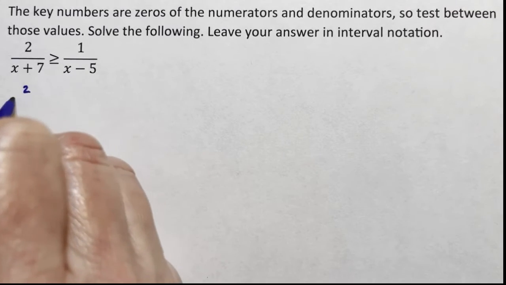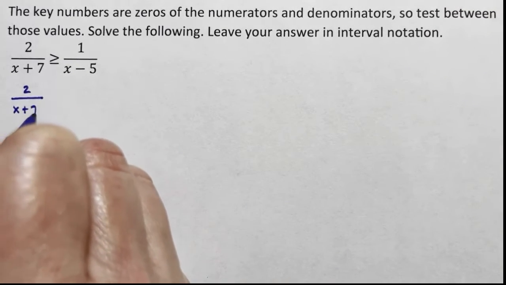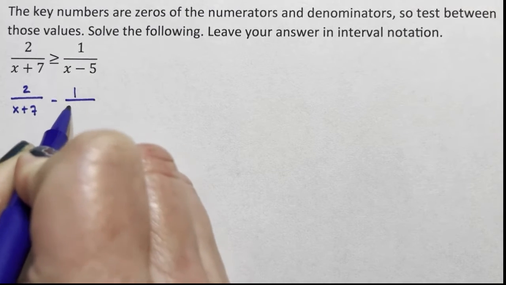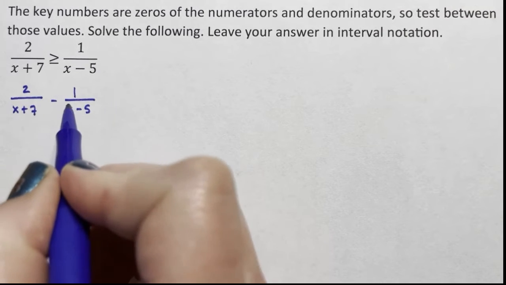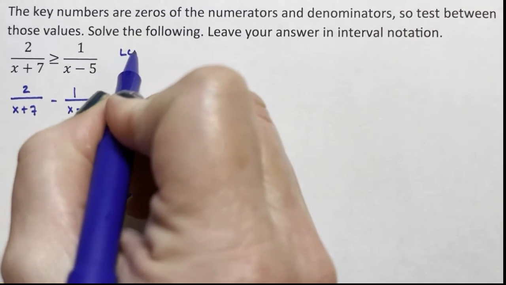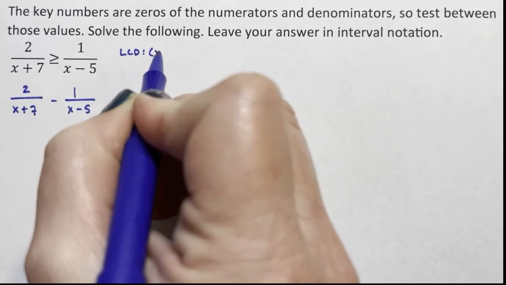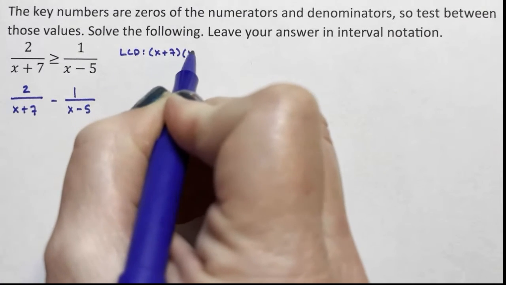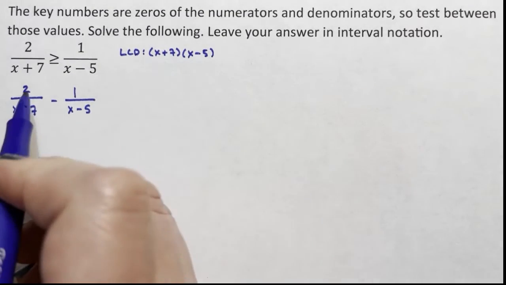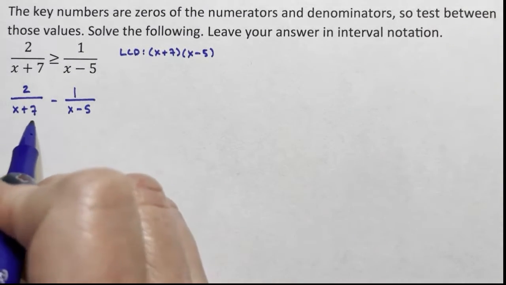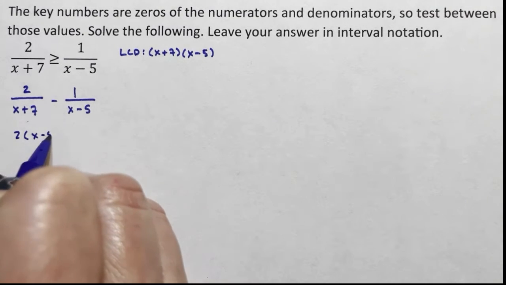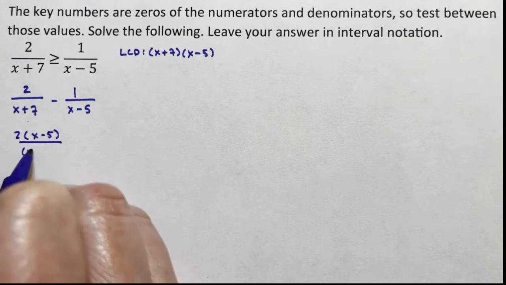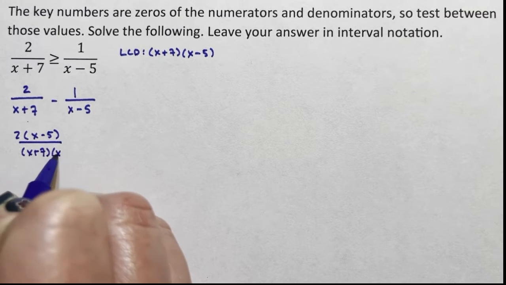So I have 2x plus 7 minus 1x minus 5. Now, to get a least common denominator, it's going to be this x plus 7 and this x minus 5. So I need to multiply the x minus 5 to numerator and denominator here. So I have 2x minus 5 times x plus 7, x minus 5.